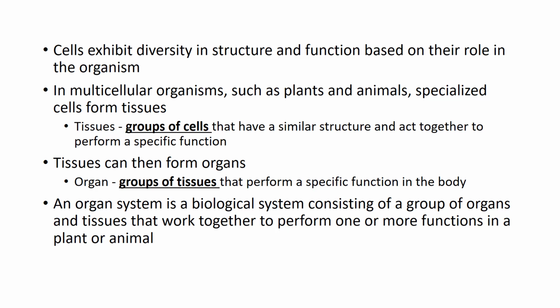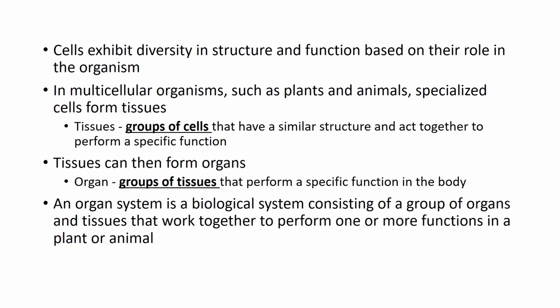If you've had anatomy and physiology, or maybe you're taking that right now, these terms come up more often. So multicellular organisms like you and I don't consist necessarily of just cells. Those are the fundamental units, but cells group together to form tissues, which are collections of all the same kind of cell, and then multiple tissues form to create organs, defined here as groups of tissues that form a specific function.